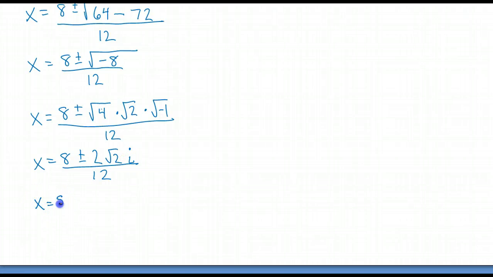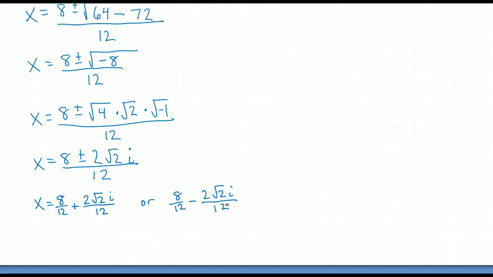X equals 8 divided by 12 plus 2 square roots of 2i over 12, or 8 divided by 12 minus 2 square roots of 2i over 12. 8 divided by 12 is 2/3 plus, the only things I can simplify here are this 2 and this 12. 2 divided by 12 is 1/6, and 1 times this is just the square root of 2i over 6.